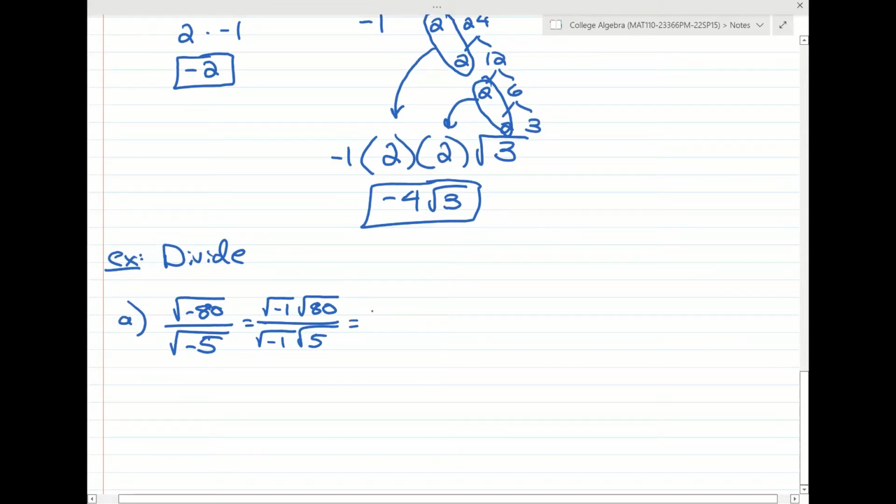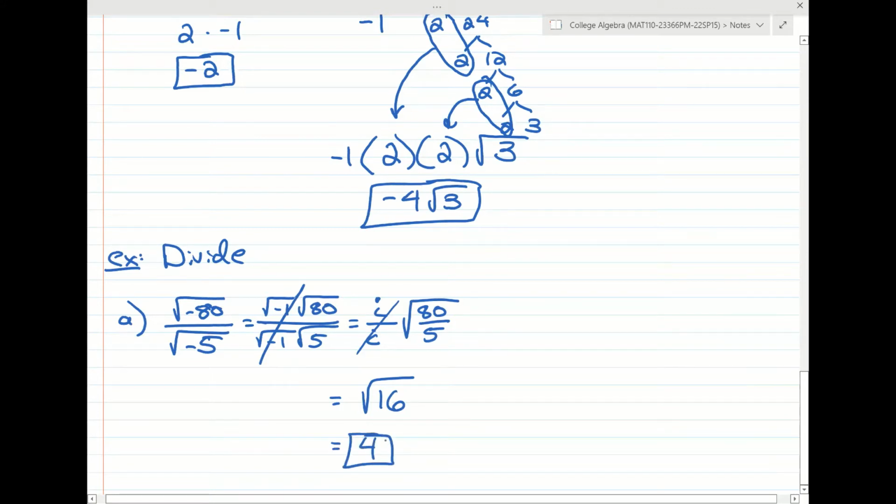It's the same thing as with i divided by i, which cancels. Square root of 80 divided by square root of 5 is just the square root of 80 over 5. Cleaning this up a little bit, 80 over 5 is just 16, and the square root of 16 is just 4.